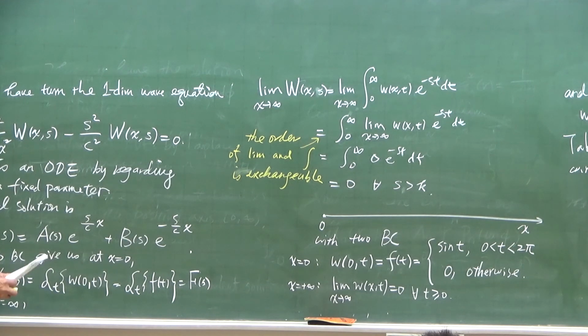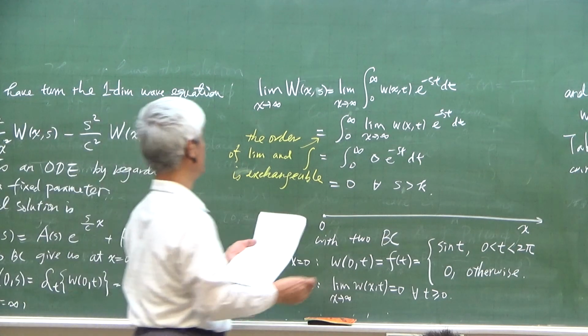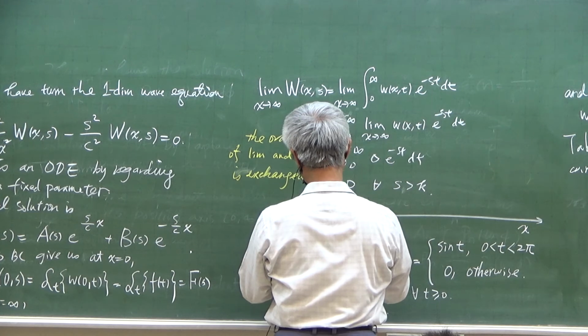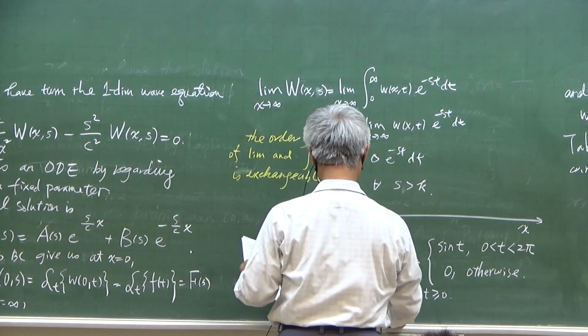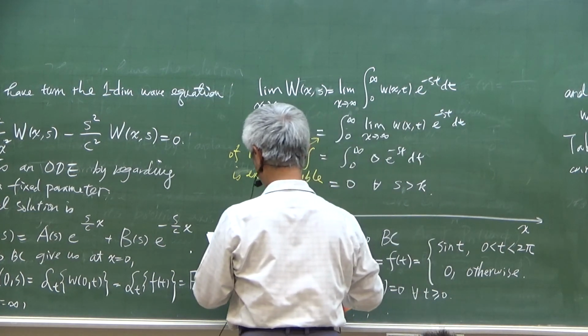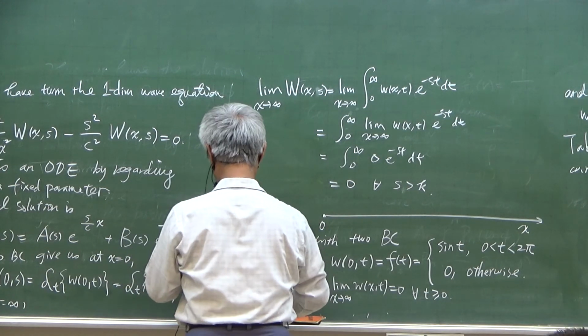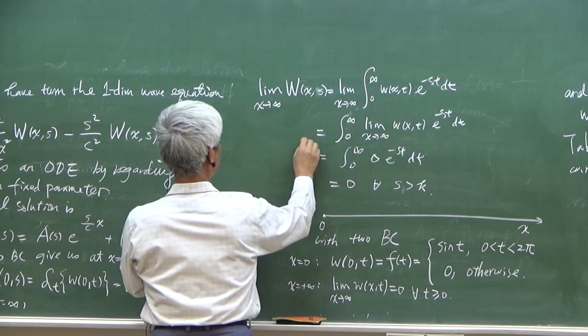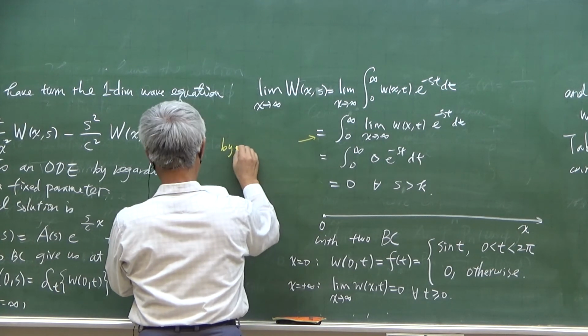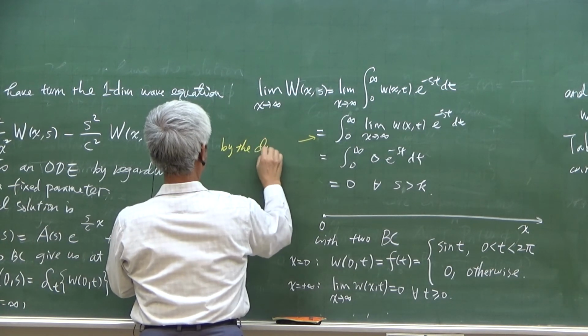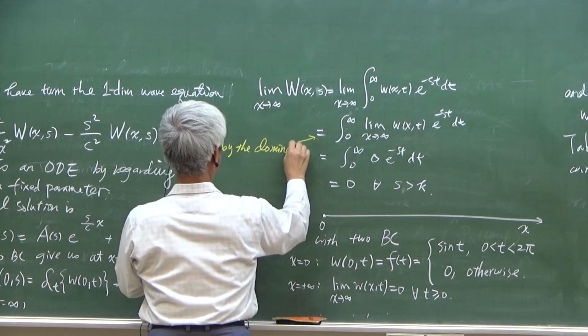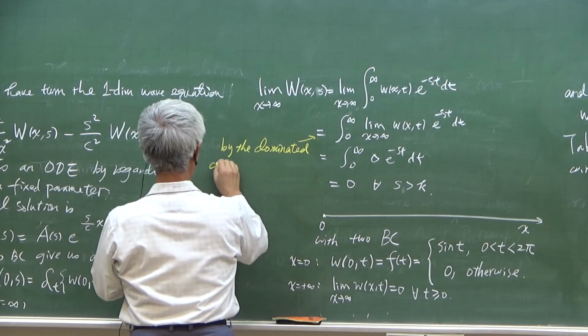Now, the order is exchangeable. It is because I can say for sure that, let me just write down here, this is by the dominated convergence theorem.